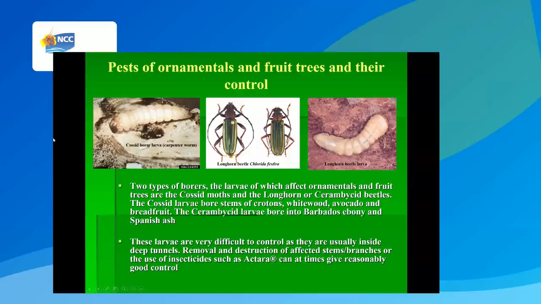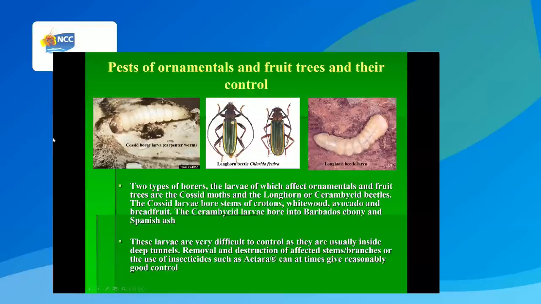Now, these bore, as I said, into a wide range of things. The cossids in particular love to bore into crotons and hollow out the stems completely. They can bore into whitewood, avocado, breadfruit. And the beetle ones like to bore into Barbados ebony, Spanish ash, and so forth.